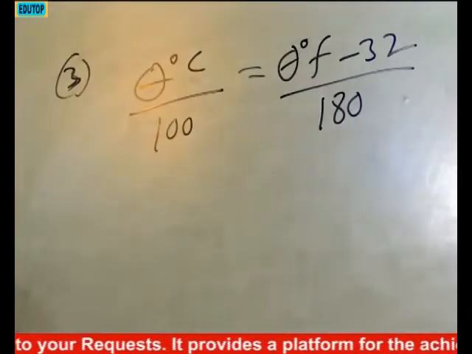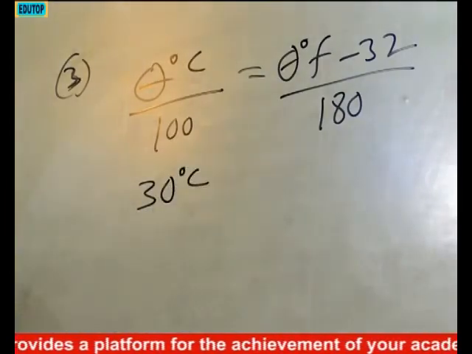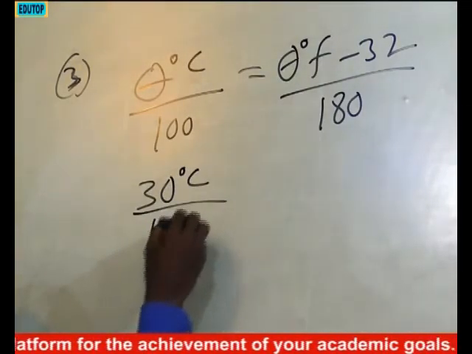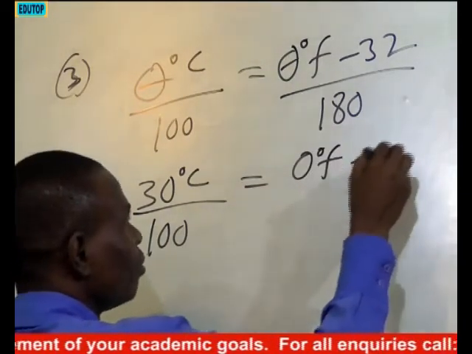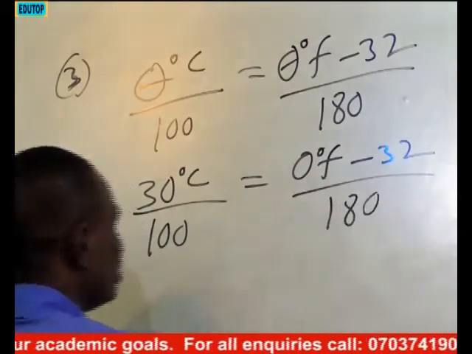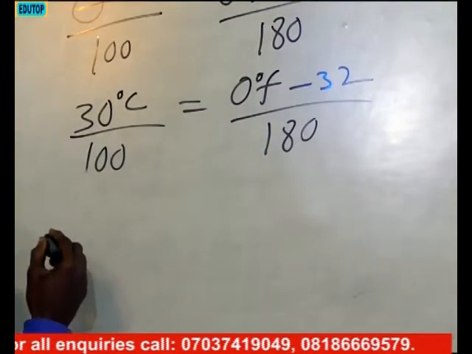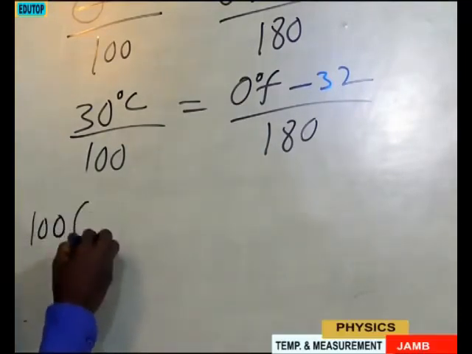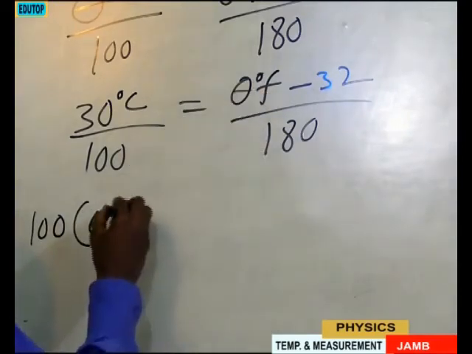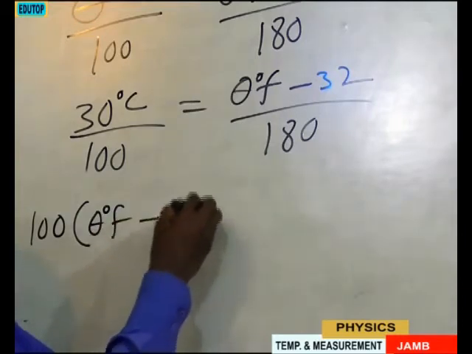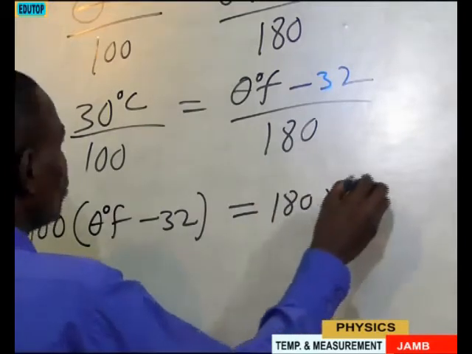This is the Celsius scale now. Instead of having this, we are going to put 30 degrees Celsius divided by 100 will be equal to Fahrenheit minus 32 over 180. Cross multiply. If we cross multiply, we are going to have 100 into the Fahrenheit minus 32 will be equal to 180 times 30.